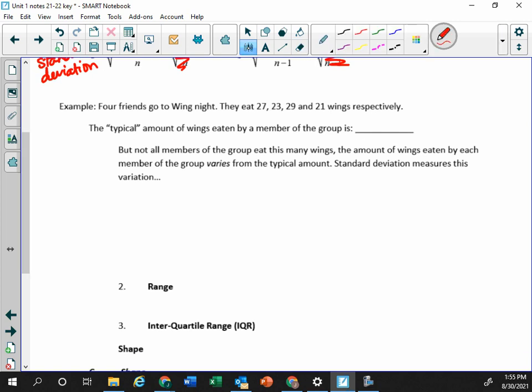Typical just means average, so we're looking at mean here. So I'm going to pull over my calculator and show you how you can go about doing this. With 4 numbers, you can easily find the average, but let me show you how you can do it for anything.